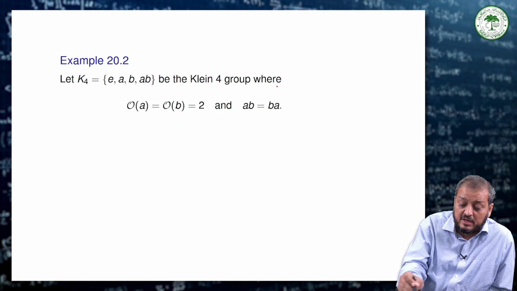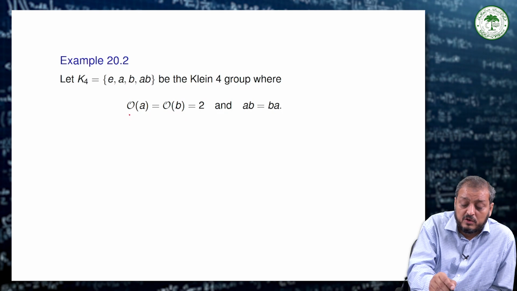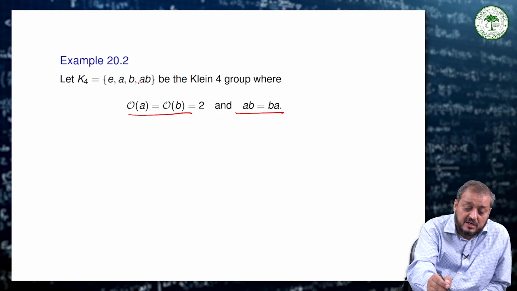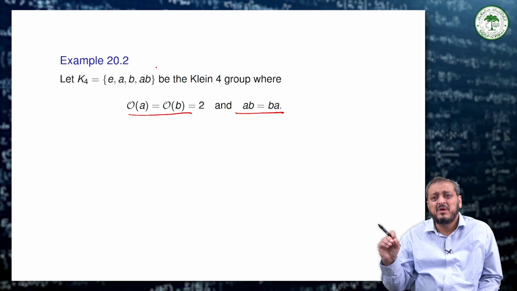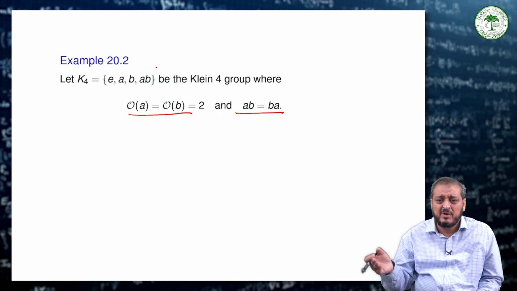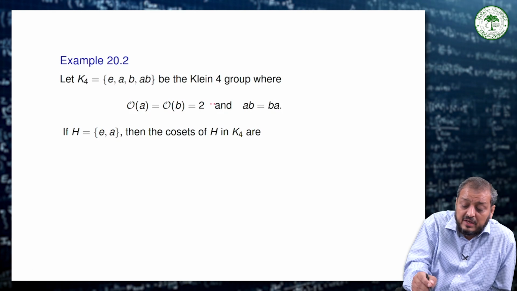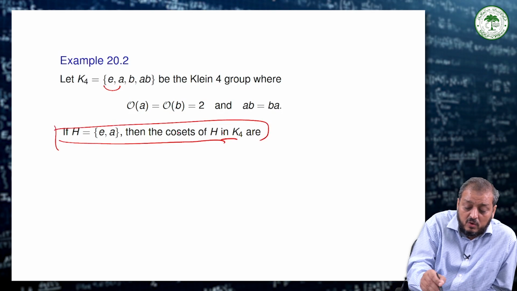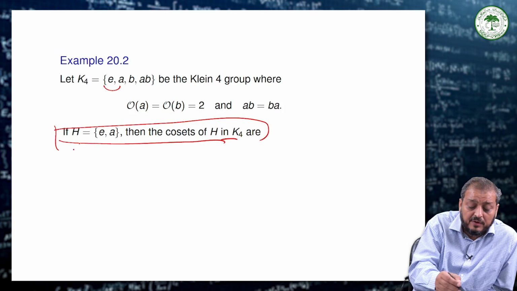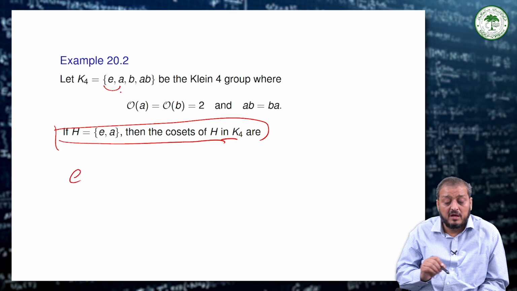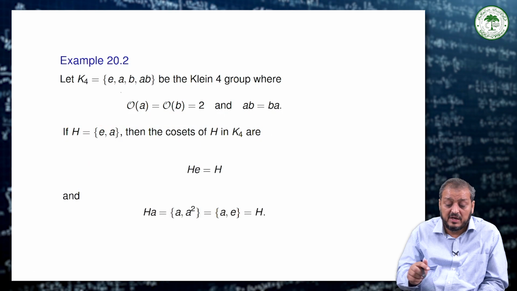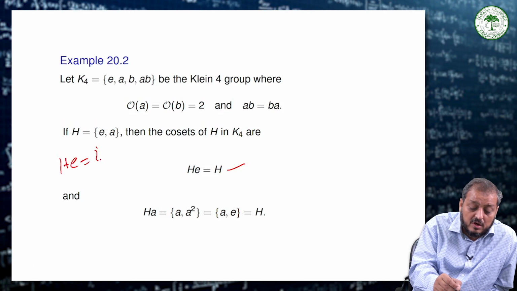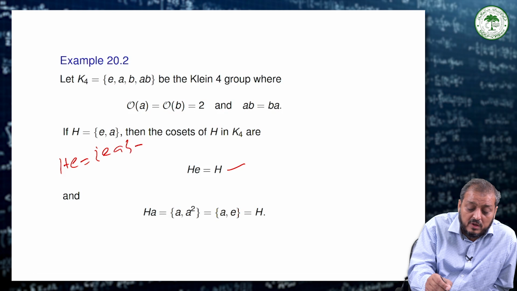The order of A and the order of B is 2, and AB is equal to BA, and AB is equal to C. We take H equal to E and A, which is a group under multiplication. So H times E is equal to H: E times E is E and A times E is A, which is H.